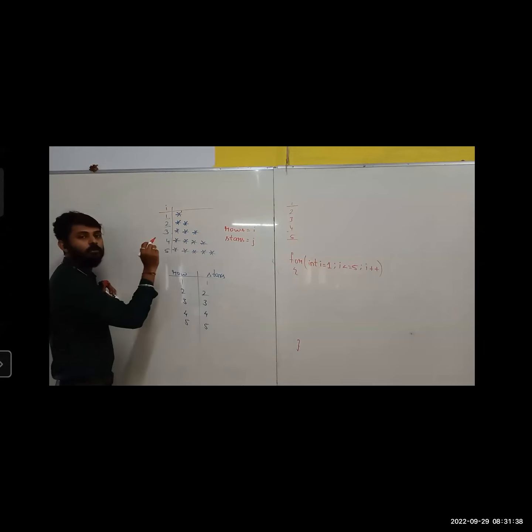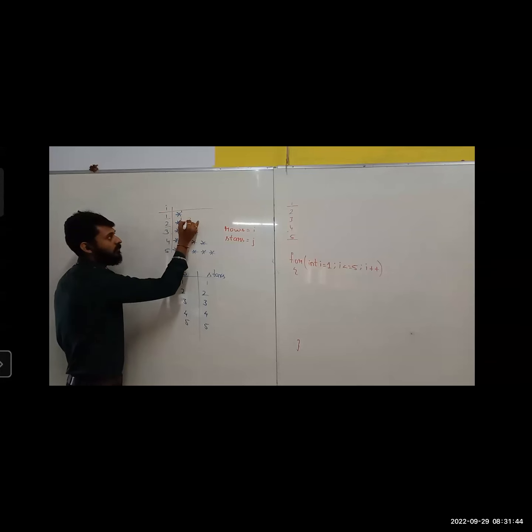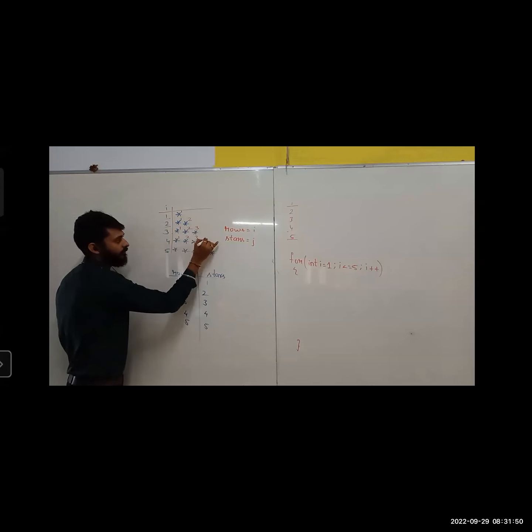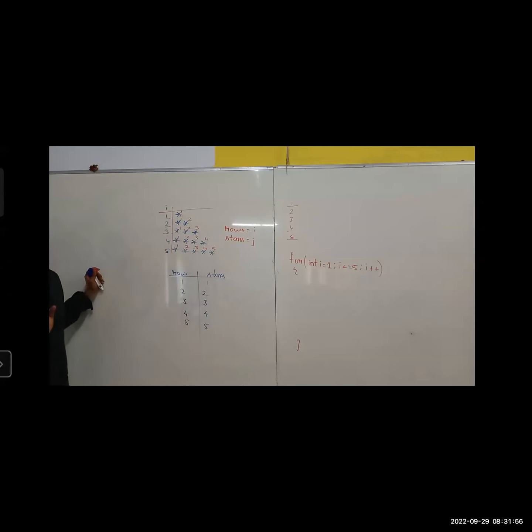So just keep this in mind. In any row, the value of the first star will be 1. Here, what will be this? 1, 2, 3. 1, 2, 3, 4. 1, 2, 3, 4, 5. Now, if you observe, one thing is fixed here.